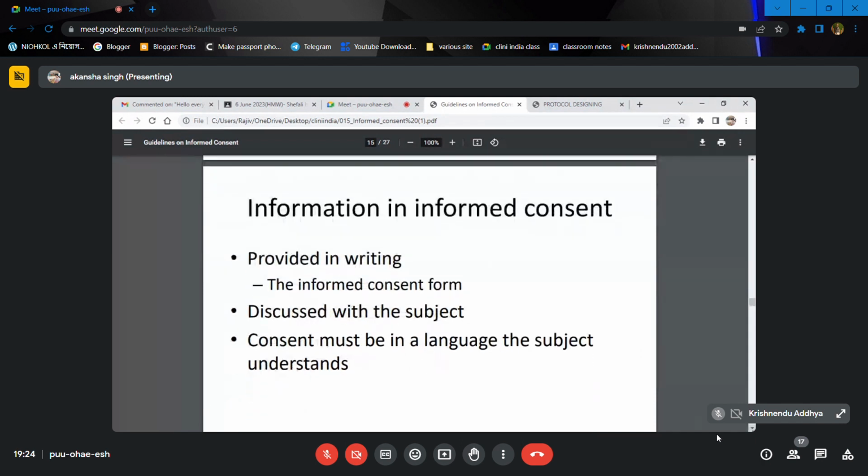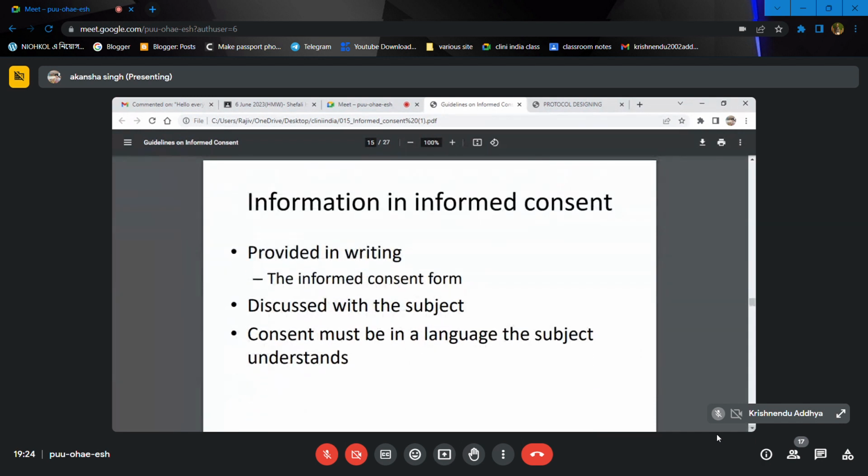So the information in informed consent is provided in writing. Whatever the language, like in India, we have various local languages. A subject who cannot read or understand a language like Hindi or English, you have to give them the opportunity to have the informed consent written in their local language also.